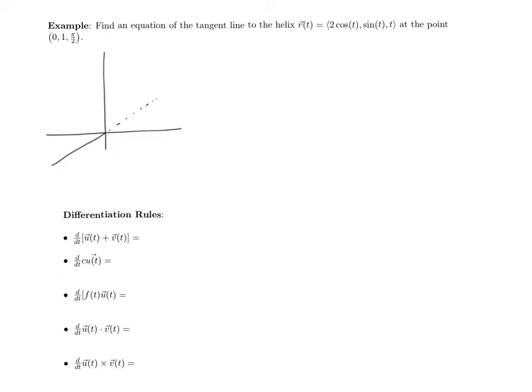So first, let's draw a picture together to get a geometric idea of what this looks like. And then I'll give you a few minutes to compute that tangent line. So on this helix, because it's of the form two cosine, sine, and t, this t is indicating that it's wrapping around the z-axis.